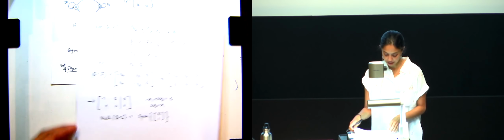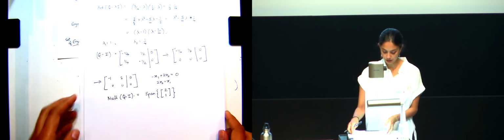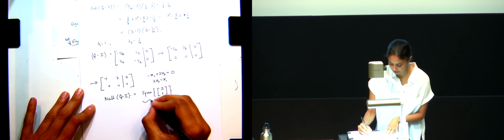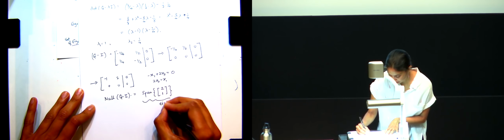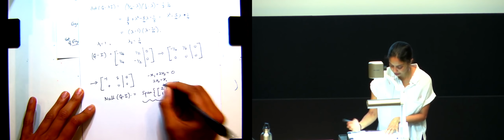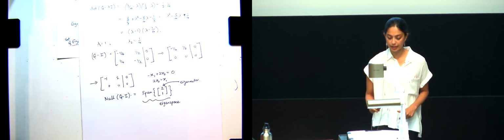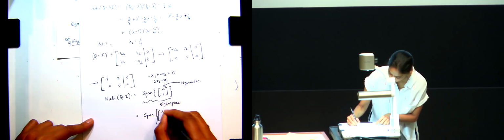This is the eigenvector corresponding to lambda 1. This whole space is called the eigenspace, and this guy is called an eigenvector. So I'm saying let's call this an eigenvector, but can I also write this as the span of, let's say, 4, 2?